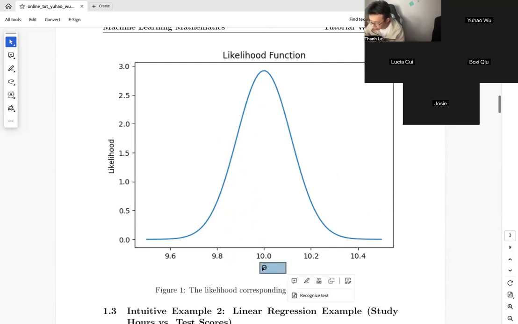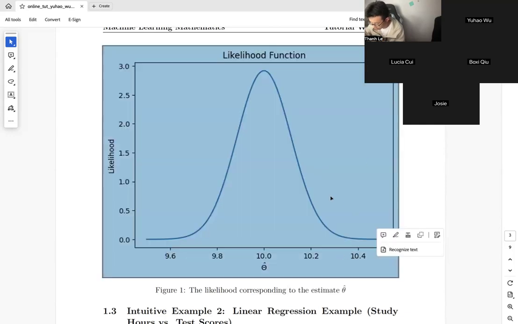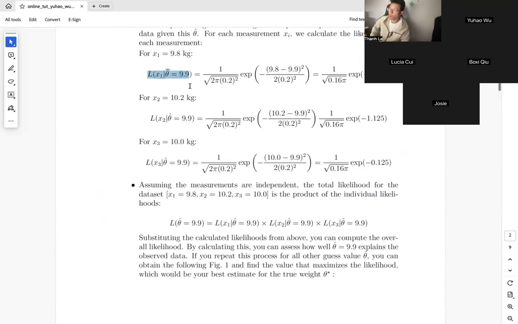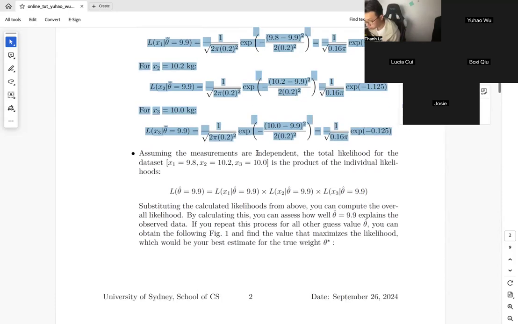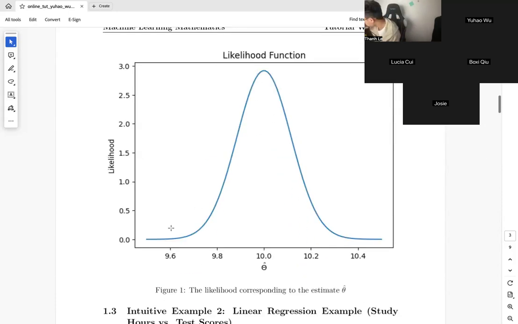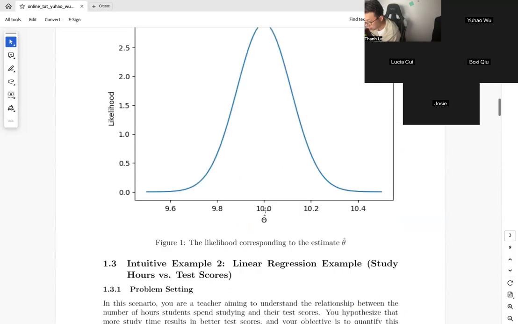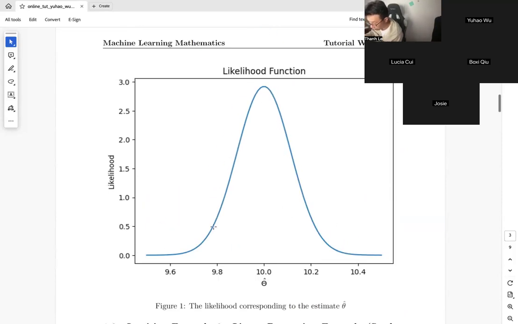We have different guesses about theta from 99.8 to 100.4, and we can calculate the likelihood of these different values of theta based on our three observations. So this is the likelihood. Because we assume x belongs to a normal distribution, we can directly calculate the likelihood function, and this distribution also looks like a normal distribution.